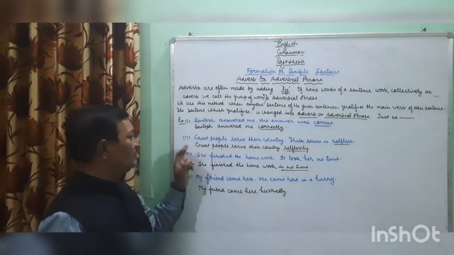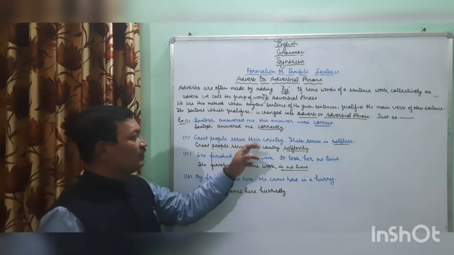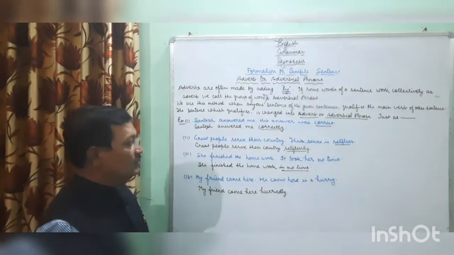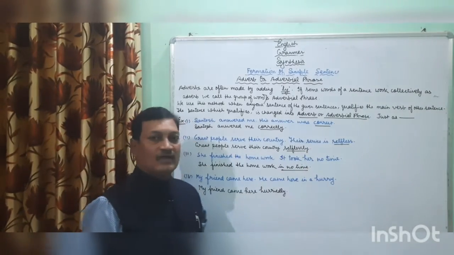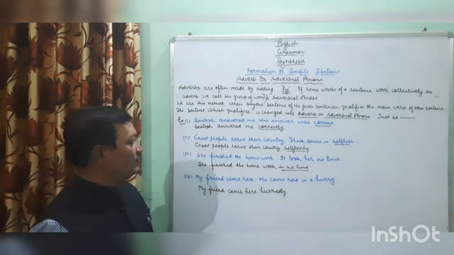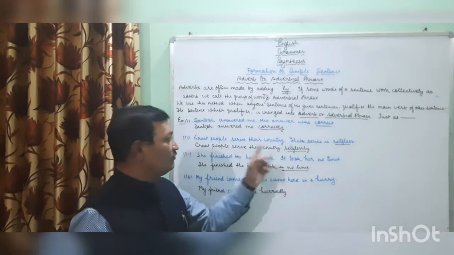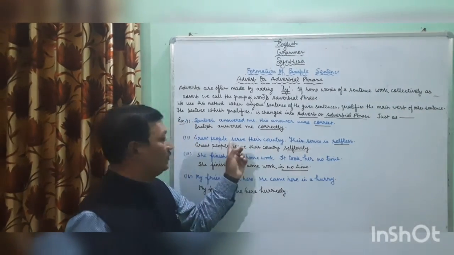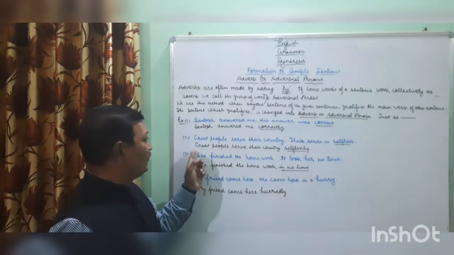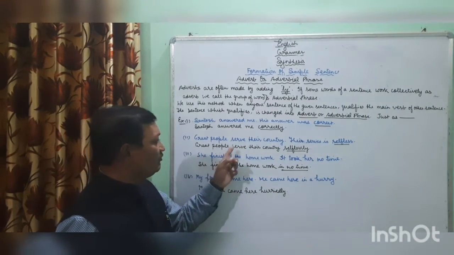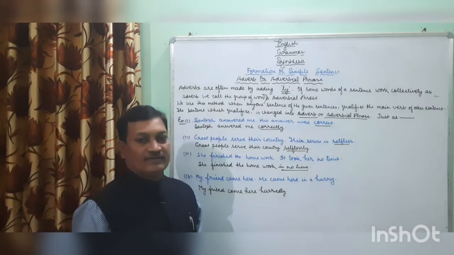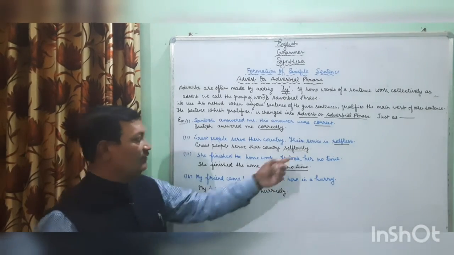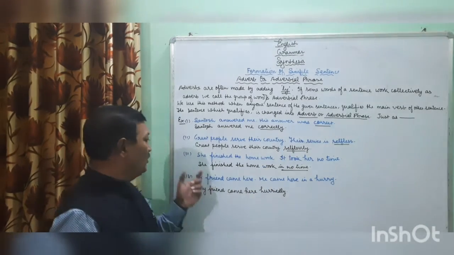Let's see the second sentence. Great people serve their country. Their service is selfless. What is selfless? Their service. The word selfless qualifies serve. So let's combine. Great people serve their country selflessly. Okay, selflessly is an adverb. Let's see here.